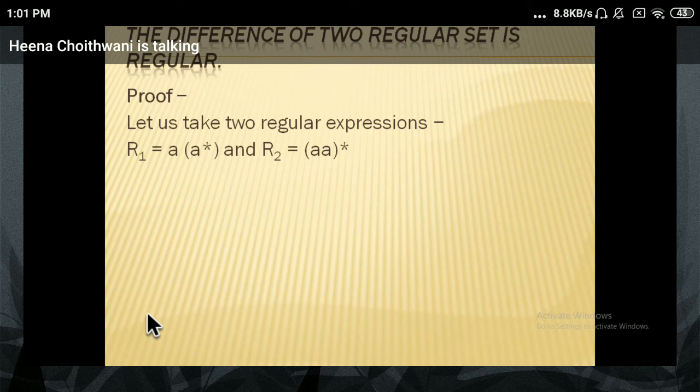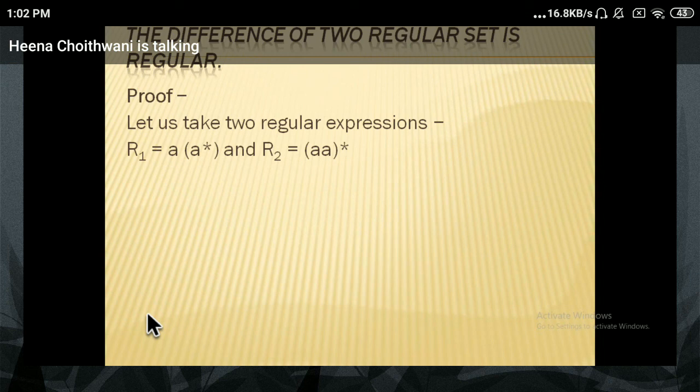The definition of difference says all the elements of set 1 but not the elements which are common with set 2, right? We'll be considering all the elements of R1, but subtracting all the elements common with R1 and R2, and those are nothing but A's with even length. So we'll remain with the A's with odd length in the difference, excluding epsilon, because R1 does not have epsilon.